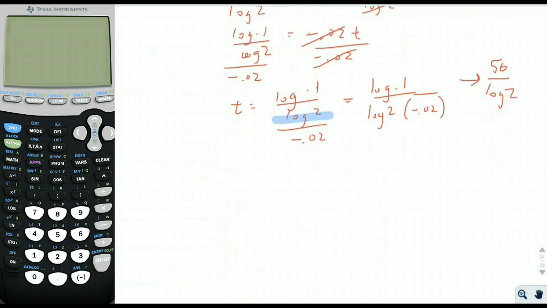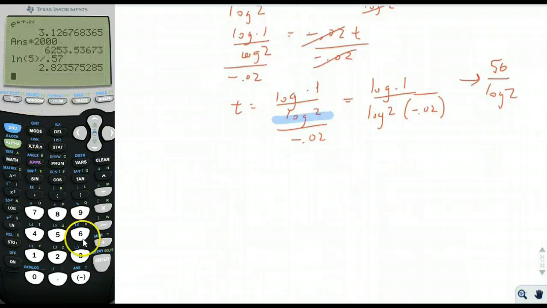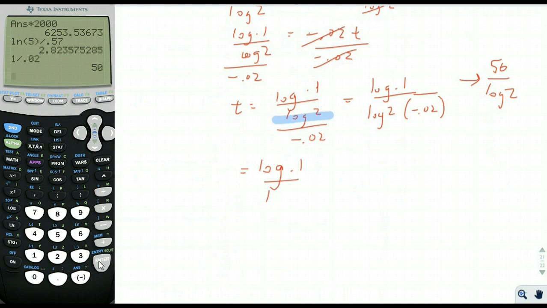If we're dividing by negative 0.02, that's the same thing as multiplying by the inverse of negative 0.02, which is negative 50. So dividing by negative 0.02 is the same thing as multiplying by negative 50.